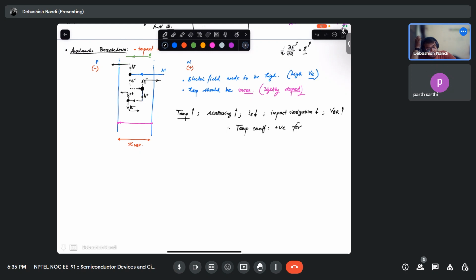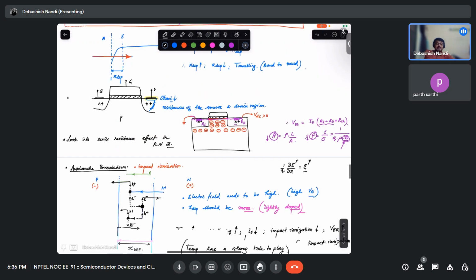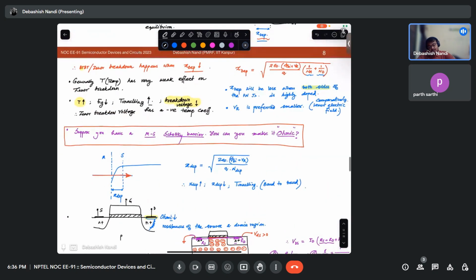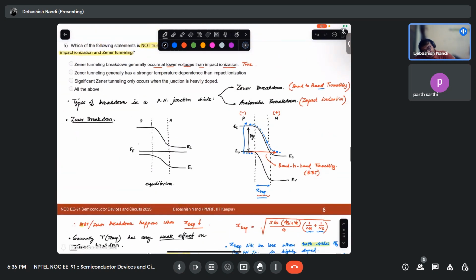for impact ionization breakdown voltage, or VBR, and temperature has a strong role to play. In Zener, we had a weak temperature dependency, right? Weak effect. So Zener tunneling has a stronger temperature dependence than impact ionization.